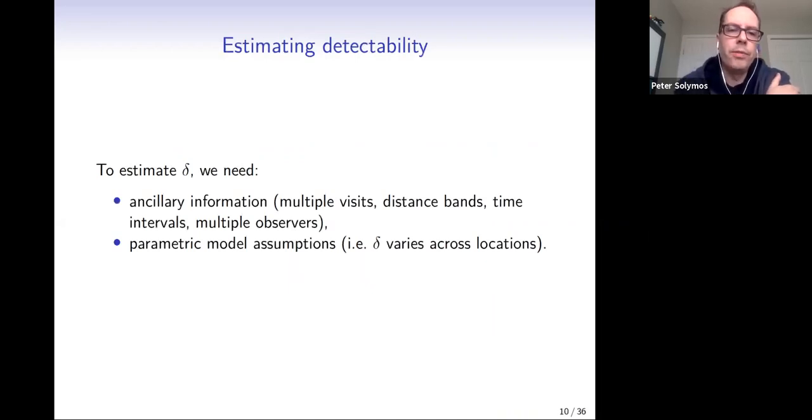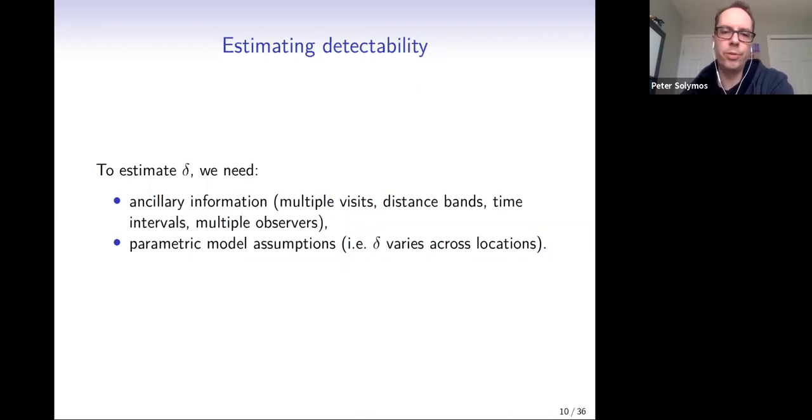But all of those require ancillary information. And by that, I mean not just the count, not just Y itself, but also maybe you repeat your visits multiple times. So you get different Ys and you assume N is still the same.